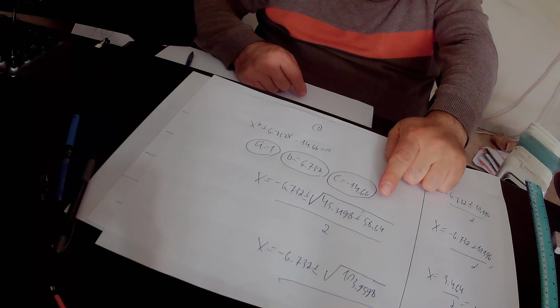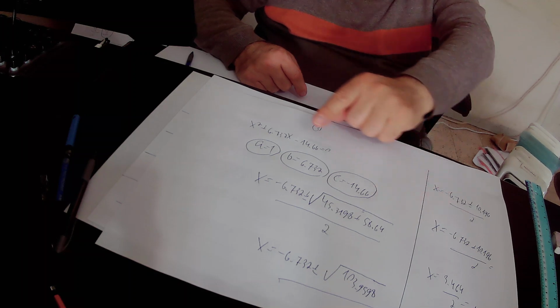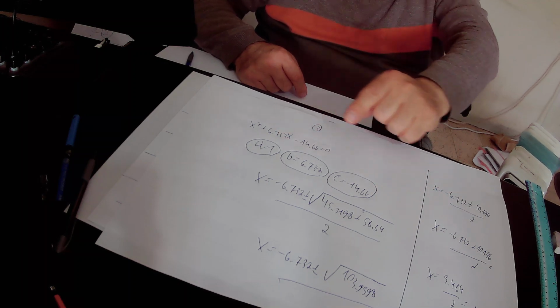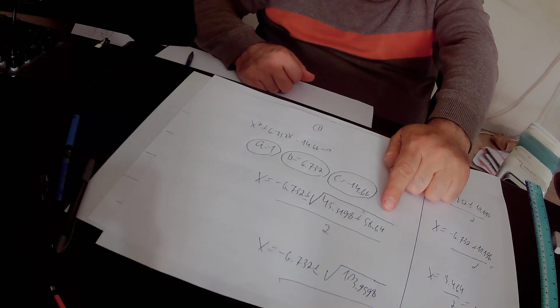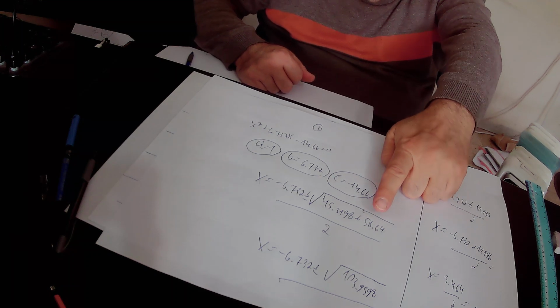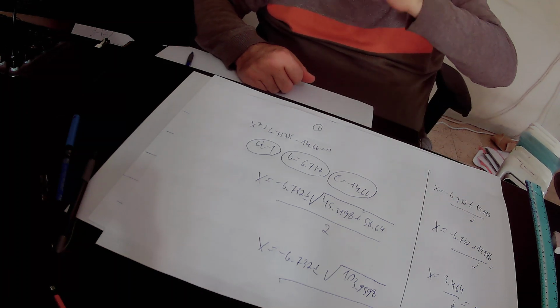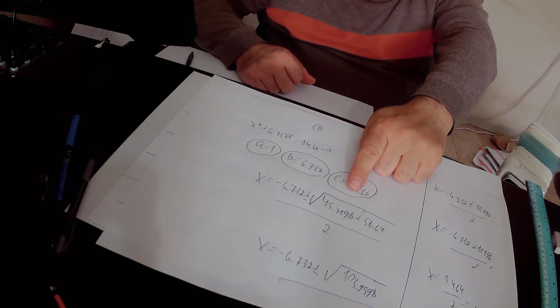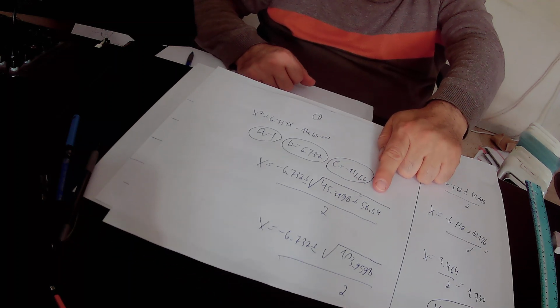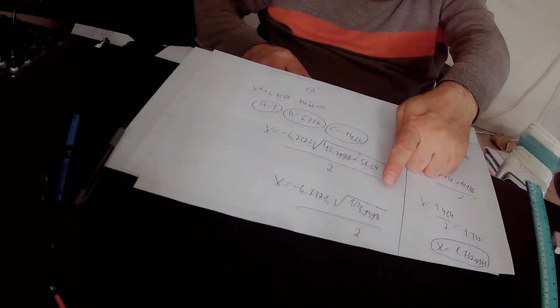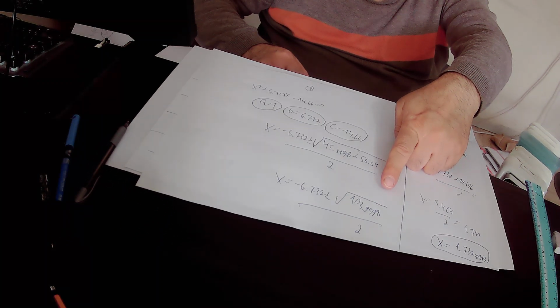Minus 4 times a times c: minus 4 times 1 times minus 14.66 is plus 58.64, all divided by 2. 45.3198 plus 58.64 equals 103.9598.